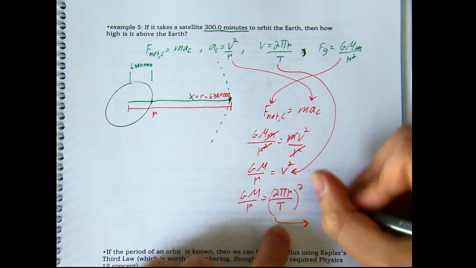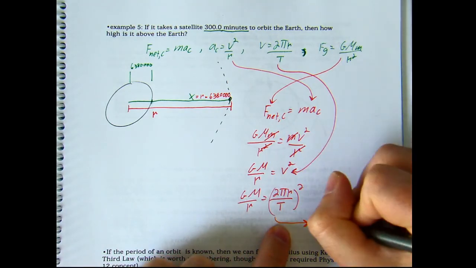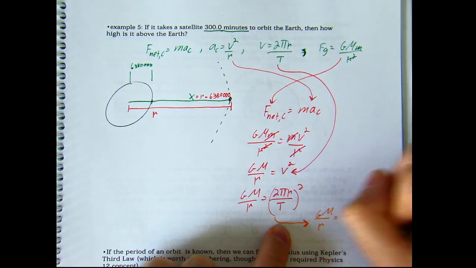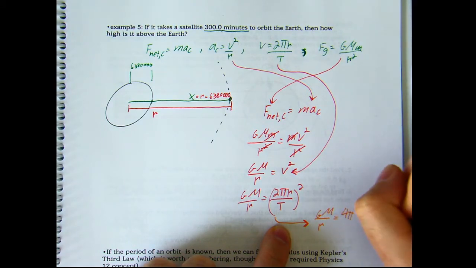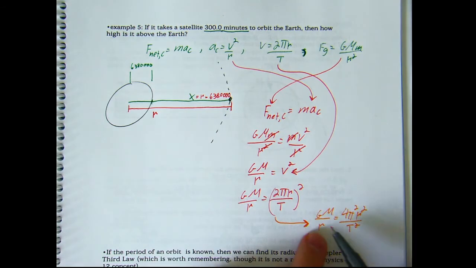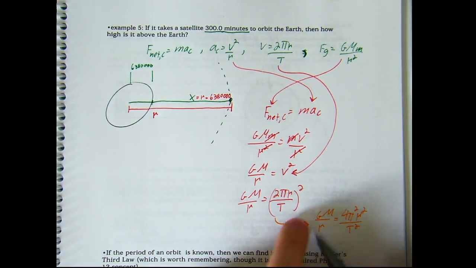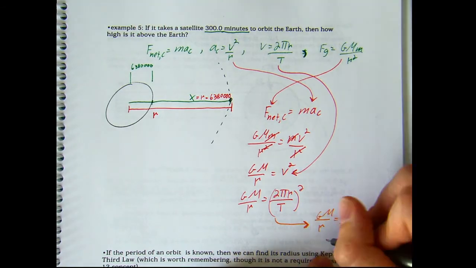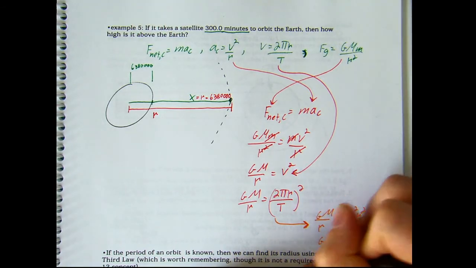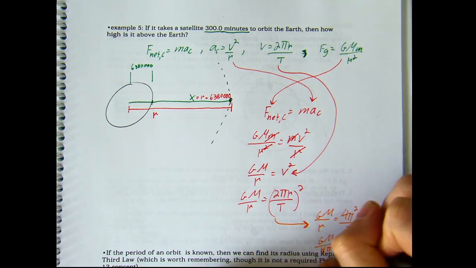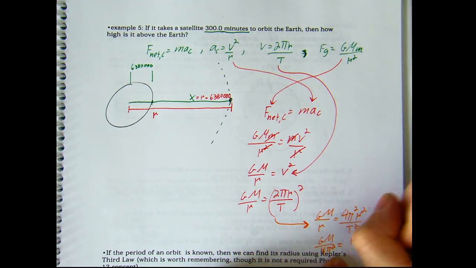And so what we're going to get is G M over R equals 4 pi squared R squared over T squared. I'm going to multiply the R up, and I'm going to divide the 4 pi squared down, because that's going to give us a bunch of constants over here. So it's going to give us G M over 4 pi squared, and that's going to equal R cubed over T squared.